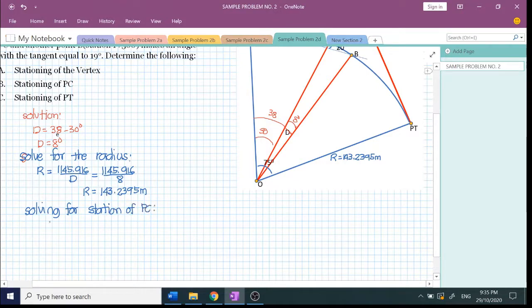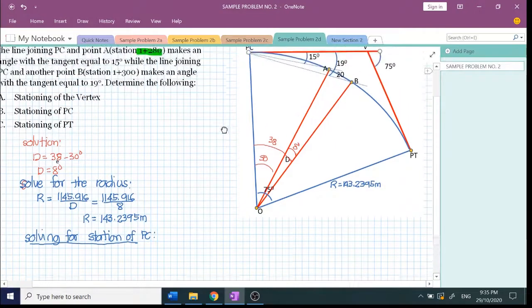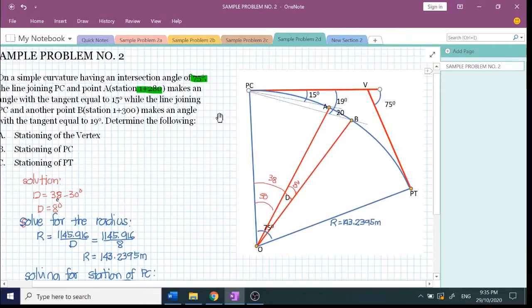Ngayon, paano natin ito solve yung stationing of the PC? Tingnan natin mabuti itong ating illustration, ano? Okay. So, kung ang ating PC narito at ang point A narito, the line joining PC and A is subtending a total angle of 30 degrees.